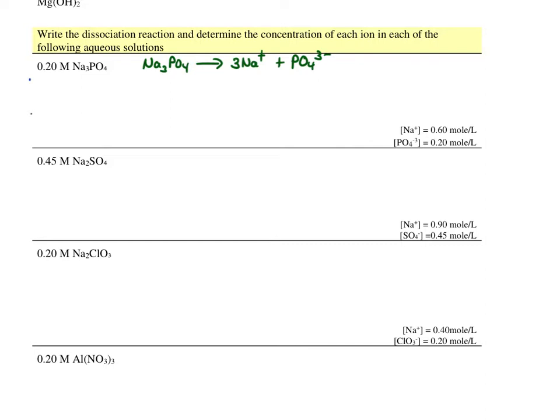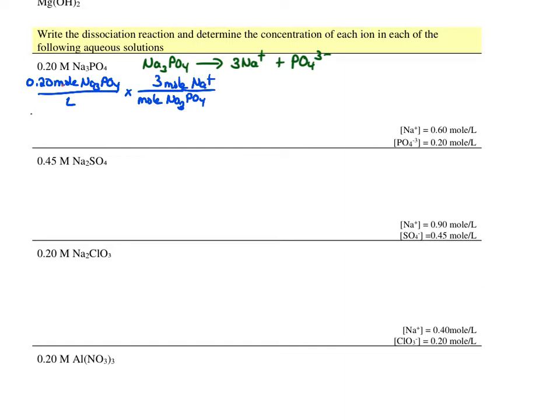Okay, we are starting with 0.20 moles of sodium phosphate per liter of solution. And our dissociation reaction shows us that every mole of sodium phosphate is going to give us 3 moles of sodium ions.